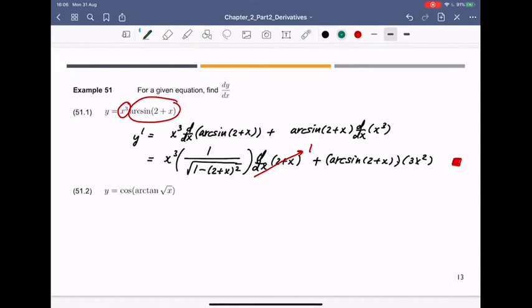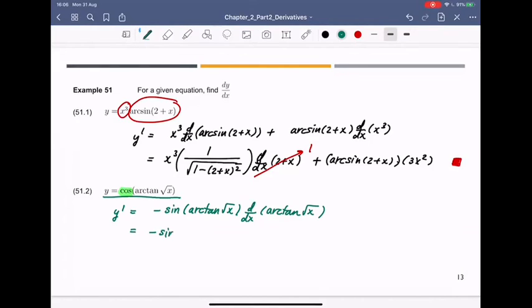Next. I look so happy because I like differentiation, it's super easy. So y equals cosine of arctan of square root x. Again, you use the chain rule here. The outer function is cosine, so you differentiate cosine first and you get negative sine. Then you need to differentiate arctan of root x, because this is your inner function.